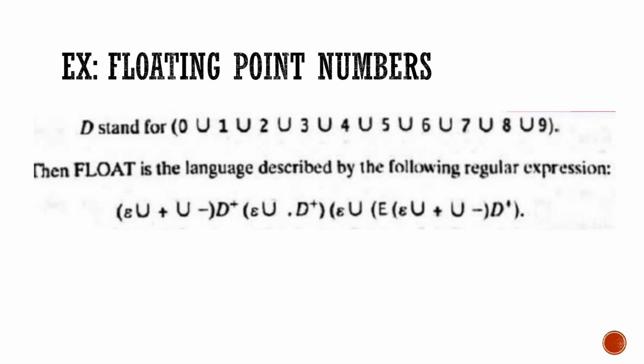Then next D plus means at least one digit, followed by epsilon, meaning nothing, or I can have a dot and any number of digits, at least one digit. Then one more option is there, your scientific notation. That is, I can have an E, again a sign may be there, and any number of digits. That is, this is your fractional part, the dot, and the other one is the scientific notation. Even this is possible.